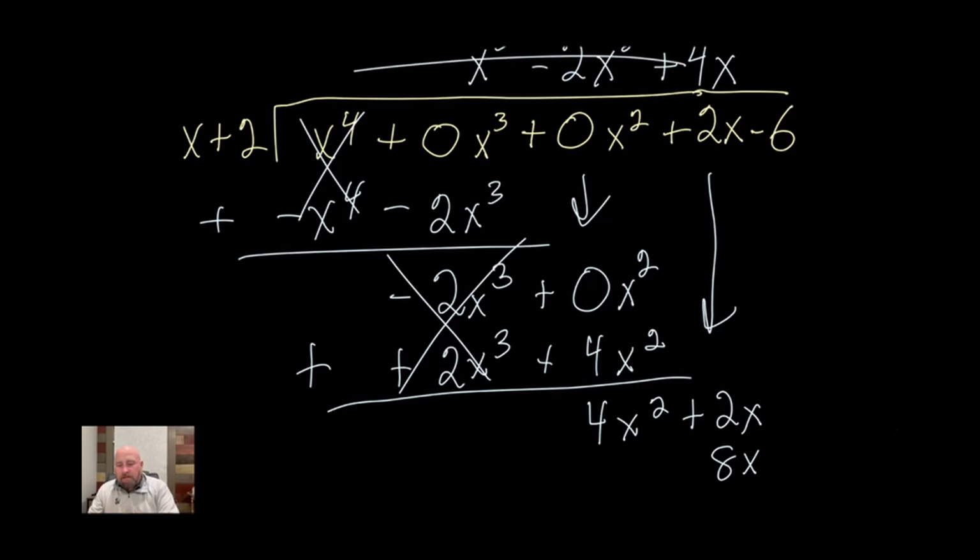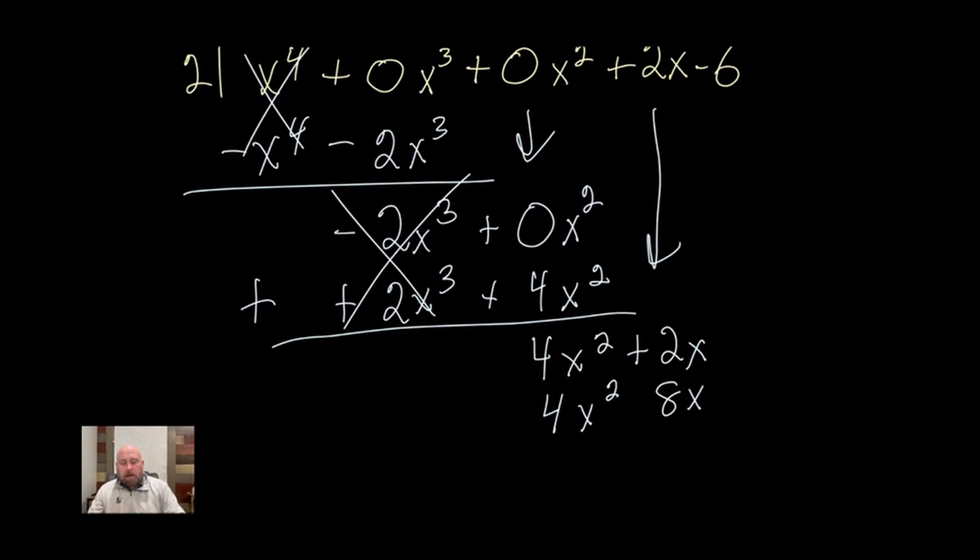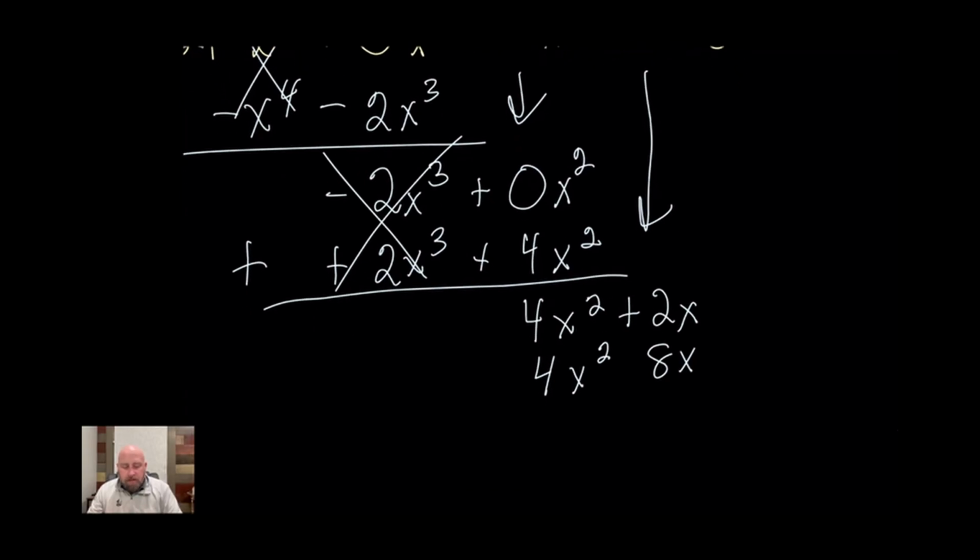And then the +4 times the x, and that's going to give us 4x squared. And again, we are subtracting, so we're going to change those signs. So this was a positive, it becomes a negative. This becomes a negative, and then we're going to add. So change the signs and add.